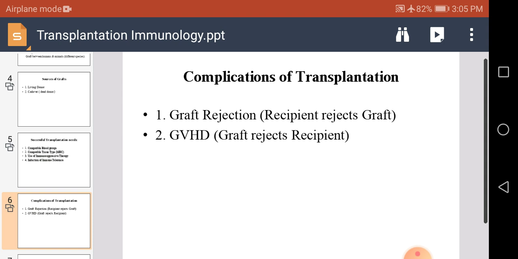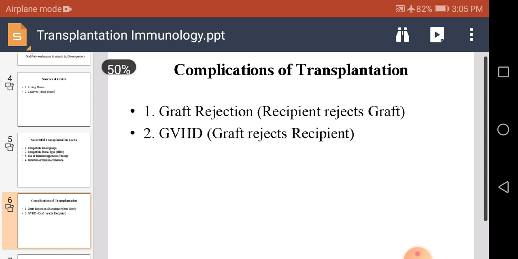But in spite of all the precautions that are taken, complications may arise, leading to complications of transplantation.